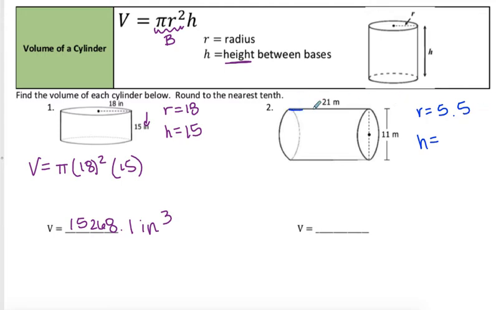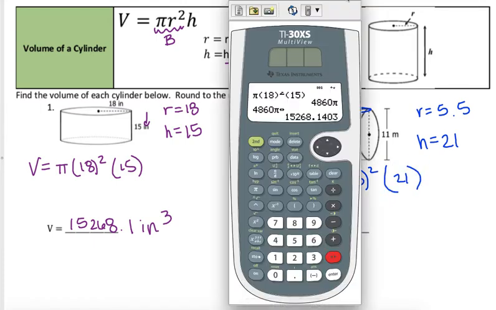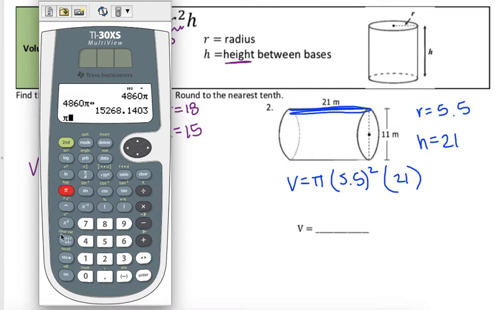The height, the distance between the bases, this is laying down, but I still see that height of 21. And then I'm ready to fill in my formula. Pi r squared times height. And ready to go to my calculator, it'll find this for us. Pi, don't forget pi, 5.5 squared times 21. Kind of looks like a 4, be careful.